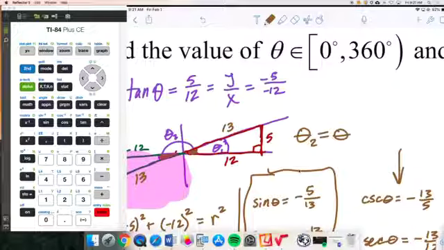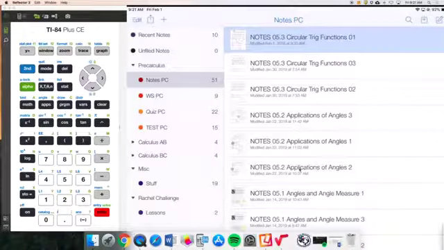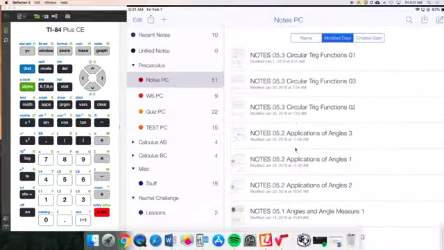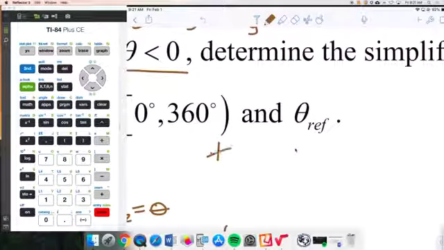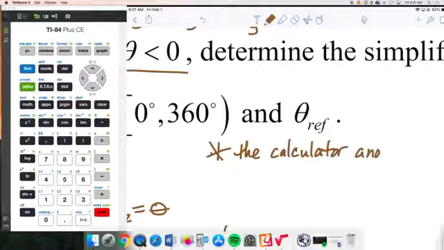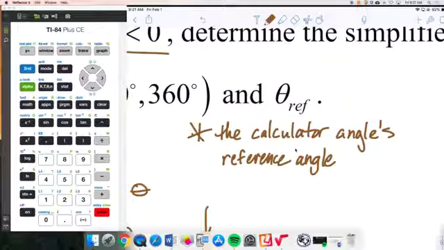So your calculator, more than likely, is going to give you an angle that you don't want. But remember what we said yesterday. And this is probably worth writing down. The calculator angles, reference angle: the angle that it gives you has a reference angle.